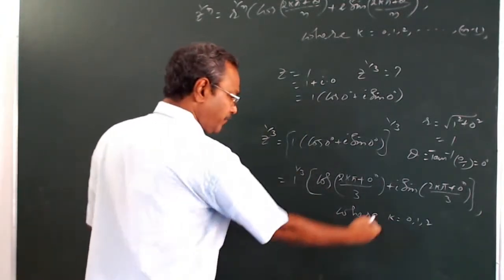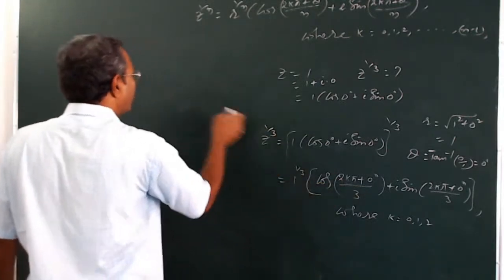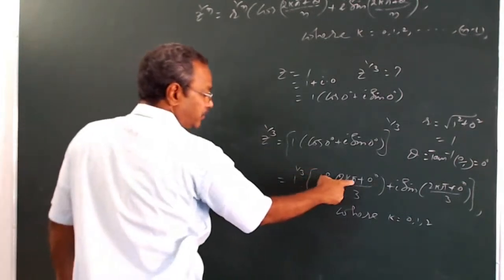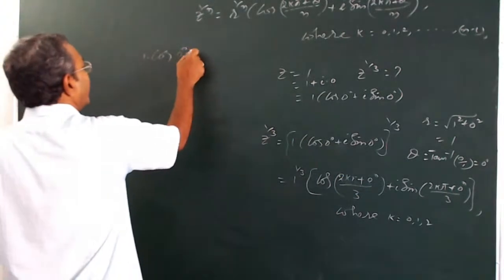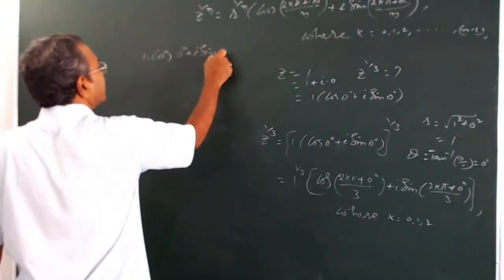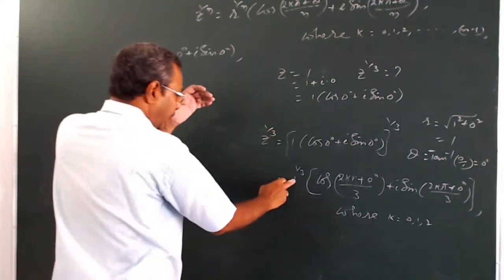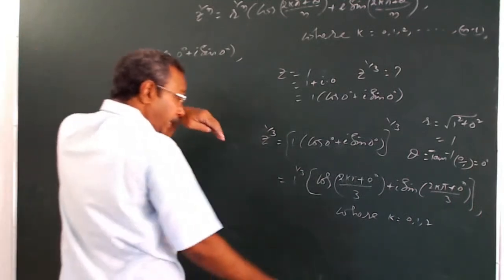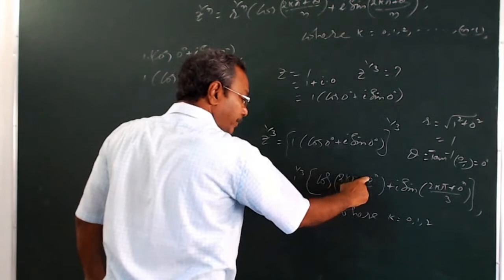So for k equal to 0, what is the first root? For k equal to 0, 1 to the power of 1 by 3 is 1 into cos. For k equal to 0, this is 0 plus 0 by 3, that is 0, plus i sine 0. That's the first root. The next root is, again 1 to the power of 1 by 3, which is 1 into cos. For k equal to 1, this is 2 pi plus 0, that is 2 pi by 3.